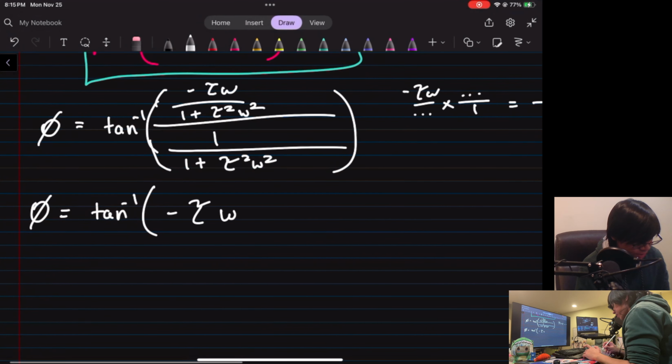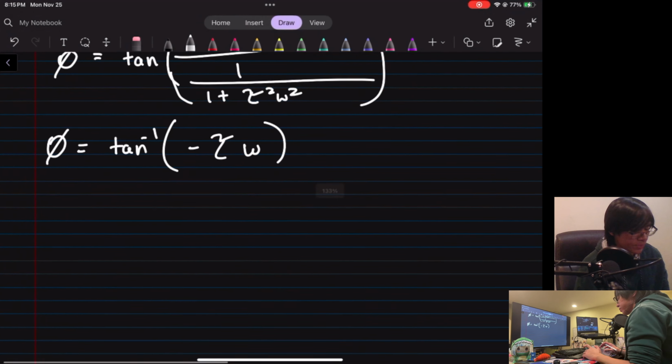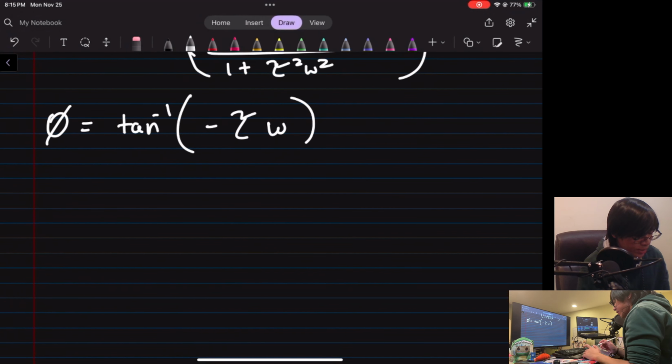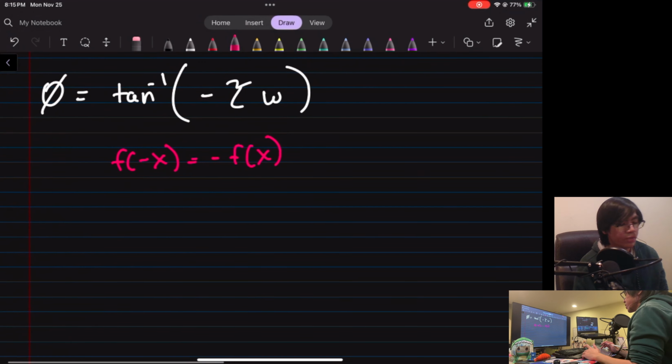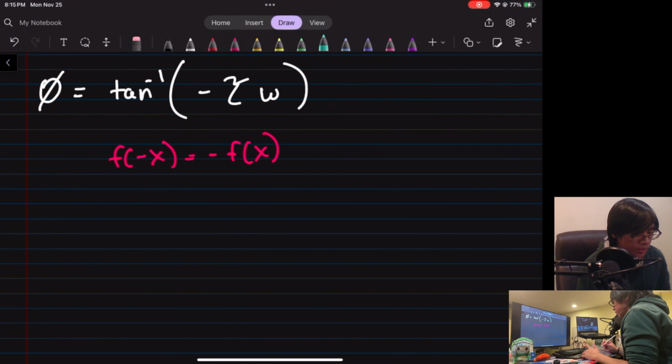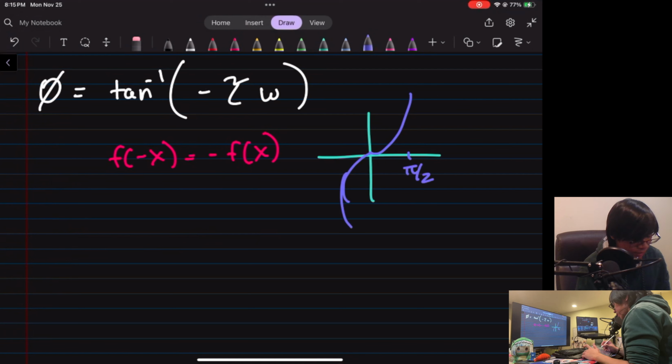And now here's where that odd function definition comes in. We have the negative sign, and again, f of negative x is the same thing for an odd function, negative f of x. Again, remember that tangent graph, it was symmetrical about the origin. So something like, if I could do a good job here, it was negative pi over 2 and pi over 2.